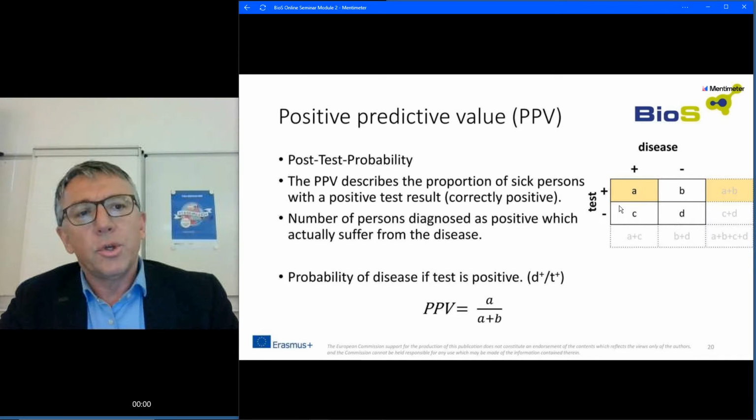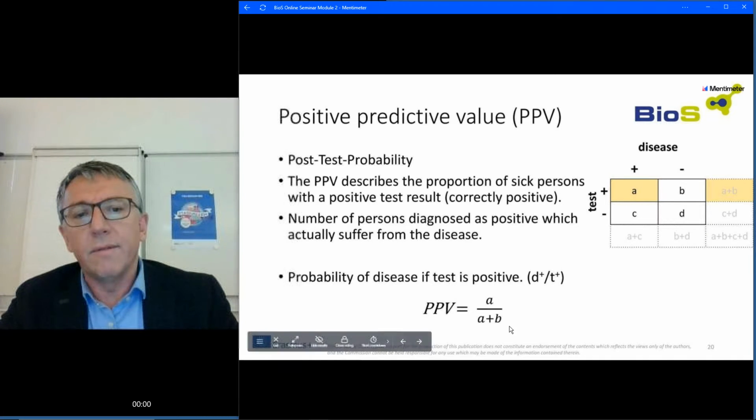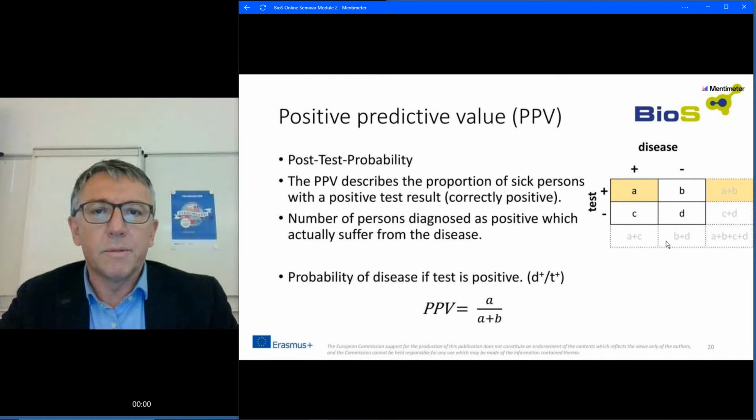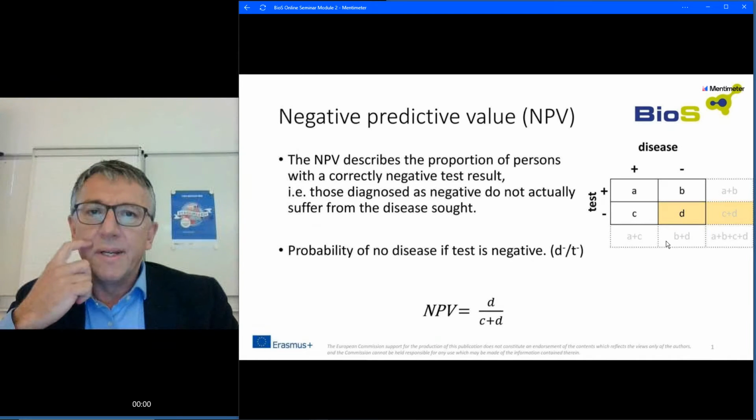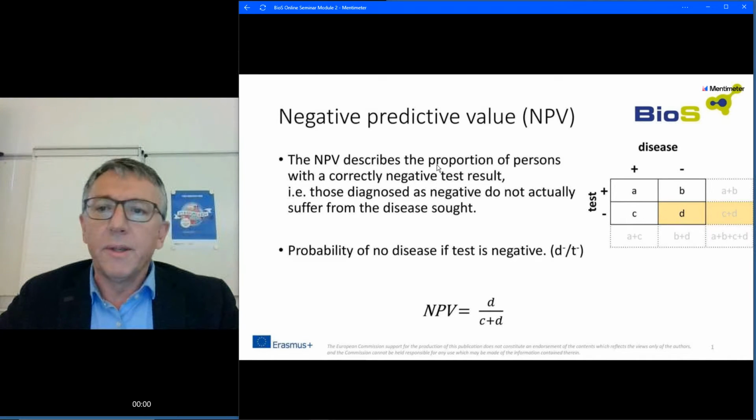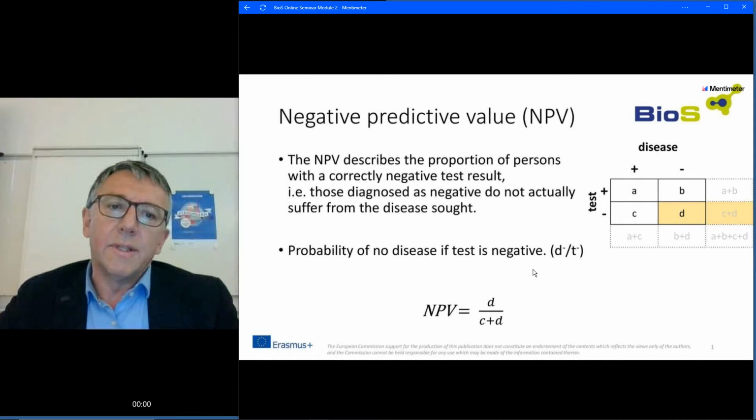It gives you the ratio of those that are tested positive and have the disease among those that are tested positive. So that is the ratio A divided by A plus B. Very similarly, the negative predictive value gives you the probability that you don't have the disease if the test is negative.